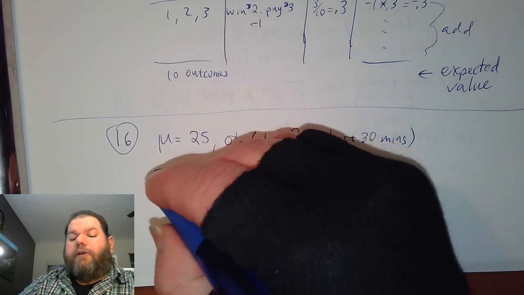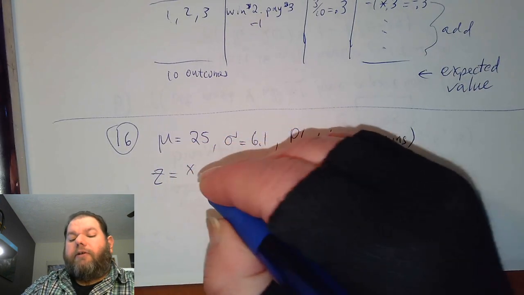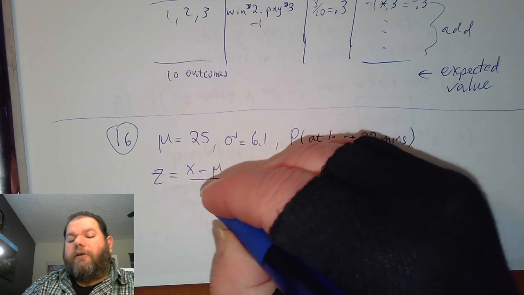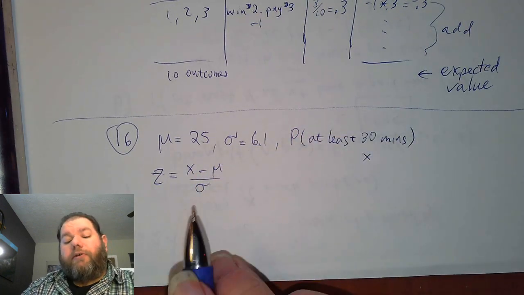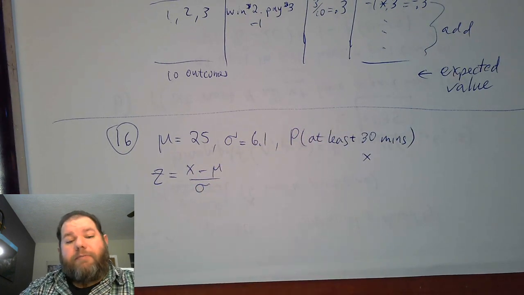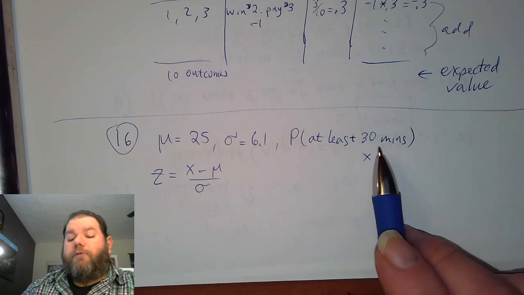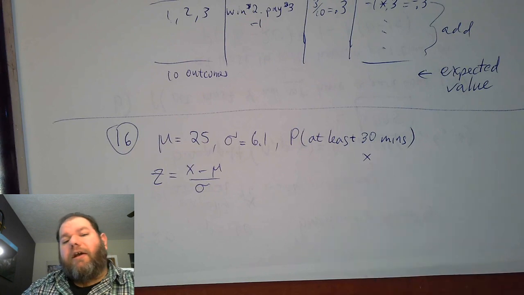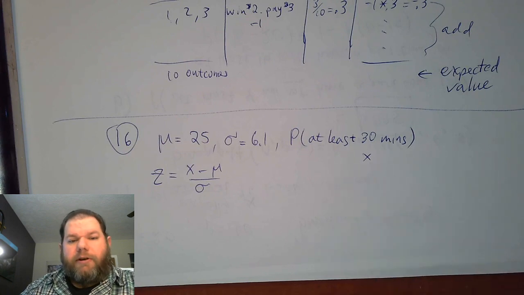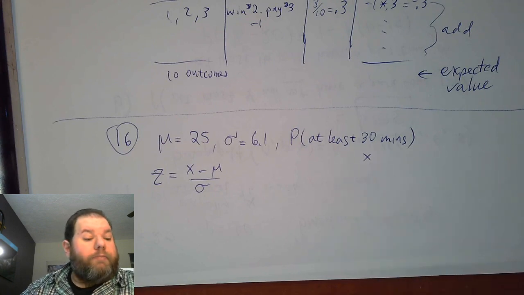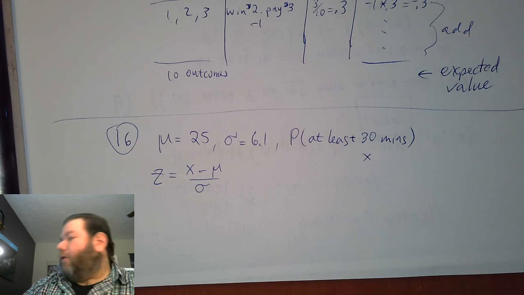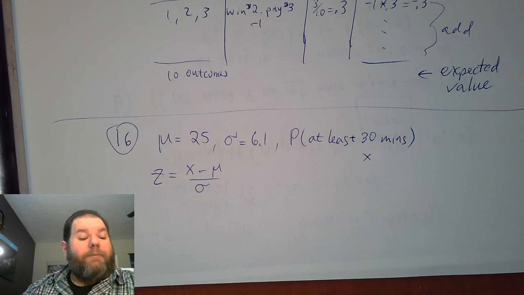So we take our Z-score formula, x minus mu divided by sigma. And we know to use this Z-score formula because we haven't been given a sample size. We know that we're looking at one individual person taking at least 30 minutes, and not a group of people taking 30 minutes to get to work. That's going to be the key difference between those.